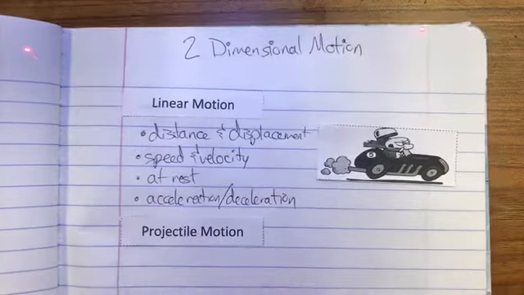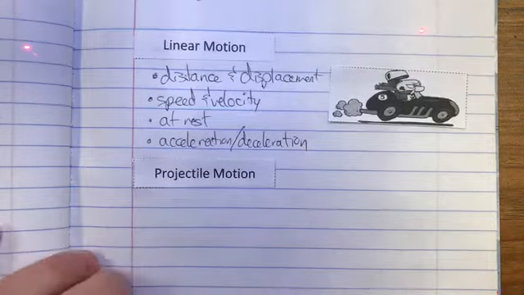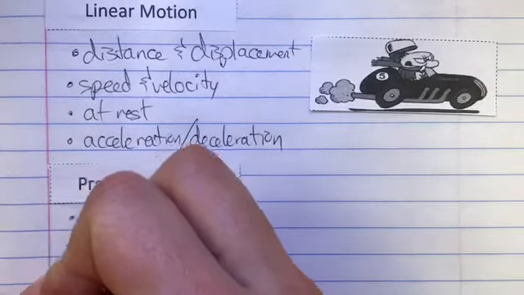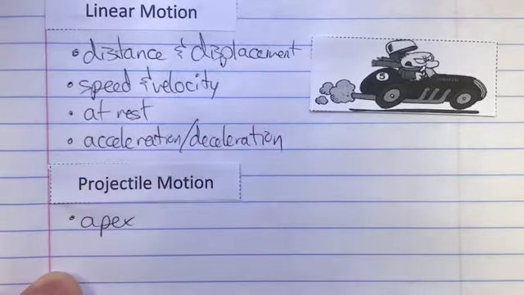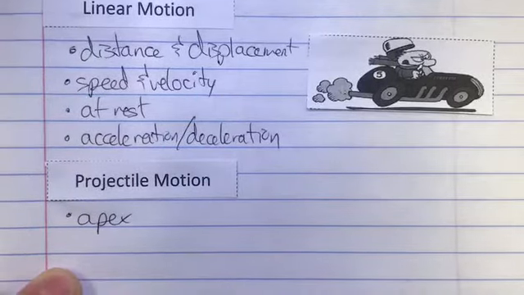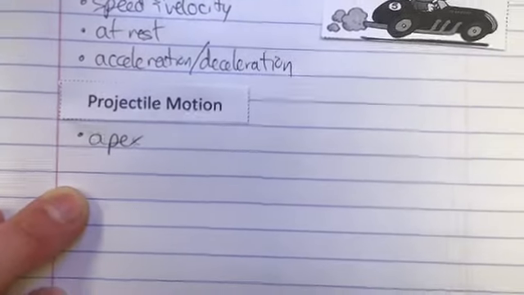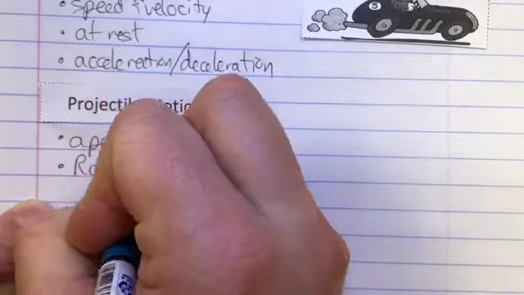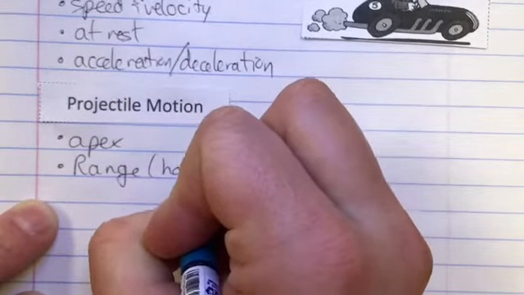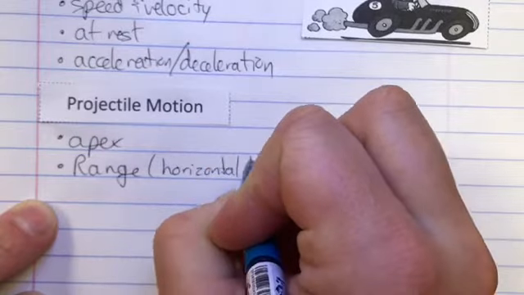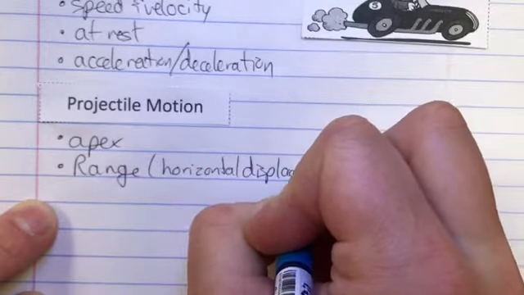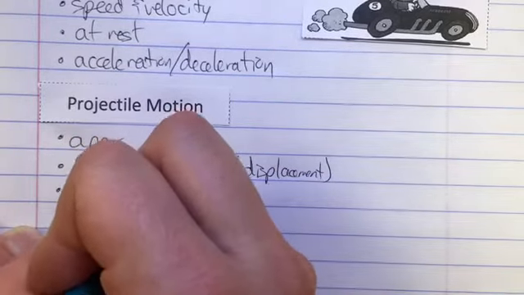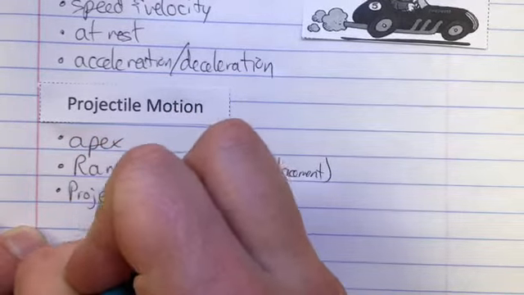You have learned about apex. You have learned about range, also known as horizontal displacement. You have learned about projectile, the object flying through the air.